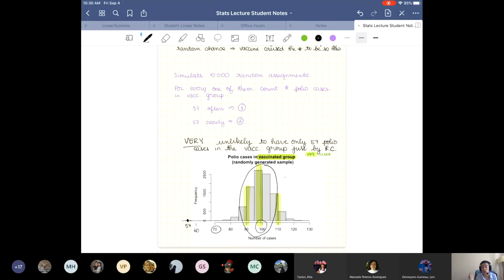But because I got such a low number of cases, that means that random assignment wasn't the reason that the number was so low, right? Because by random assignment, I could not have gotten such a low number. Oh, okay. Does that make sense? Yeah. Okay, good.